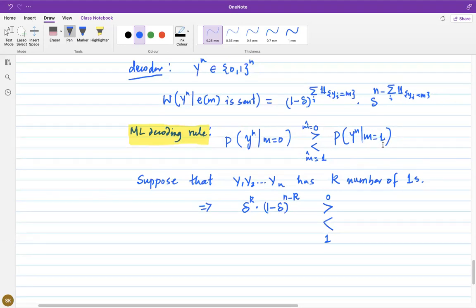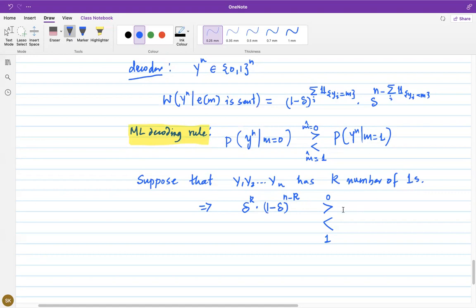So if the message is 1, then the encoded message is the all 1 vector. And so at k number of locations, it remains the same, right? Because this is the property of the output that we have assumed. And at all the n minus k locations, it actually got flipped from 1 to 0.